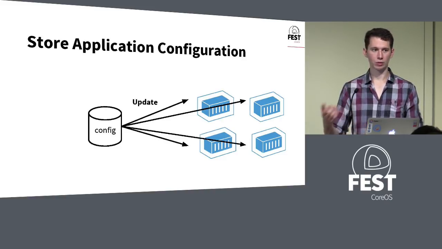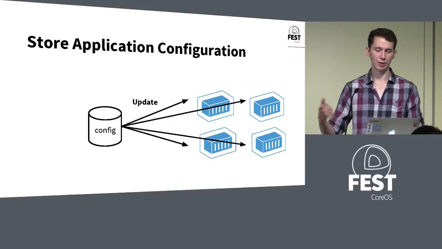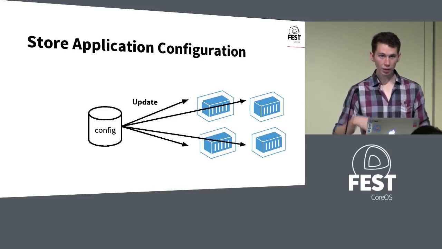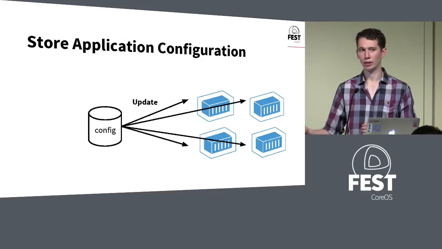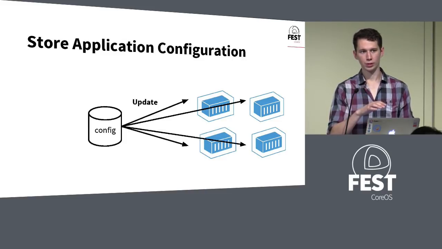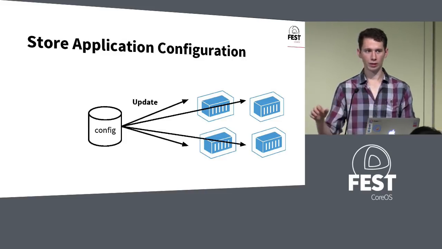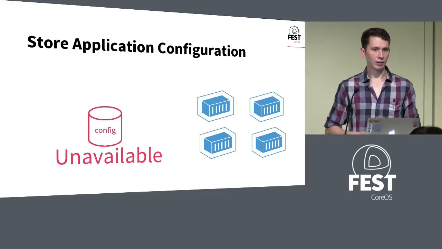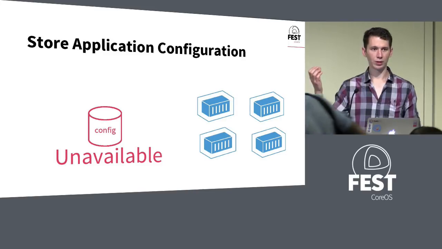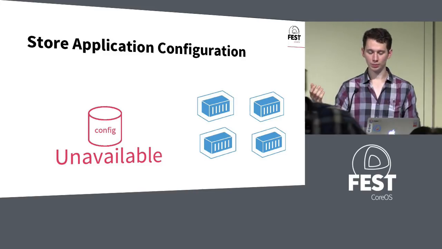Perhaps the downstream load balancer or DNS name you should be using for your database has changed because you had to move and migrate the database somewhere else. A password is being rotated inside the database, a new private key is being used. And so you can push this data using etcd into the application's configuration. Now what would be really bad is if this configuration store that you're relying upon goes down.